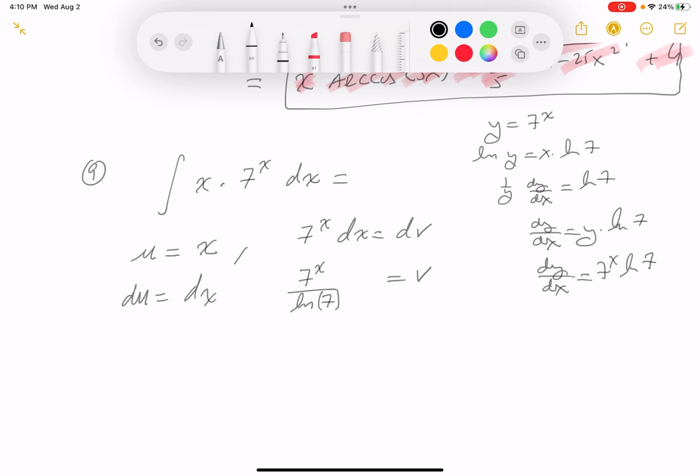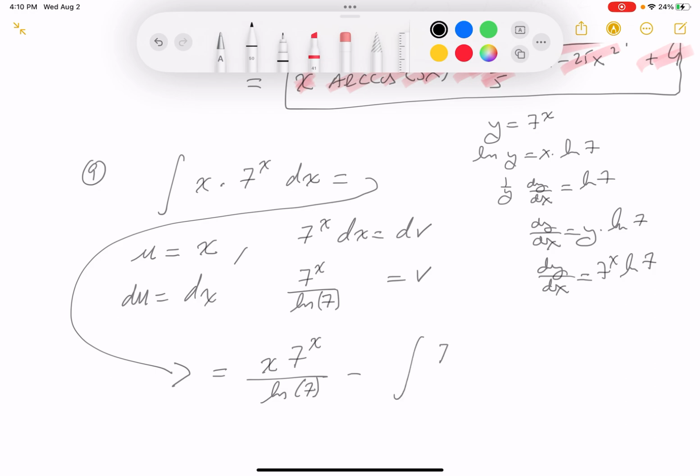Let's write this down. uv, that's going to be x times 7 to the x over ln 7, ln is a natural log, minus the integral of v, which is 7 to the x. I'm going to put the ln 7 on the outside, to constant, dx.